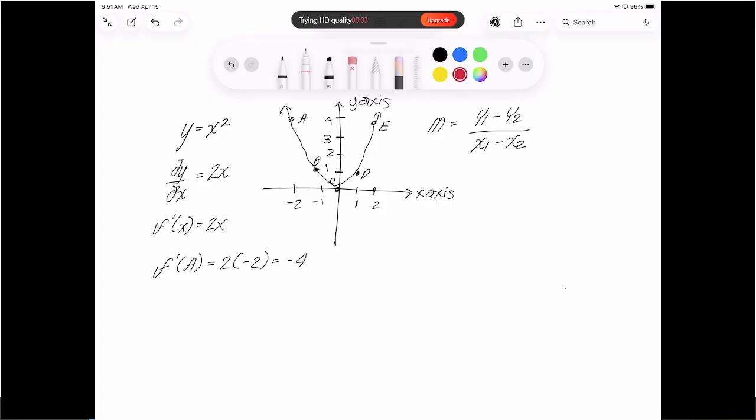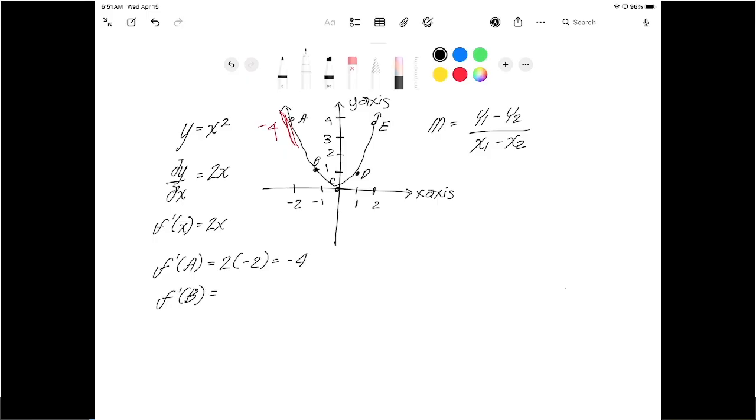So the slope right here is -4. For B, that would be -2. So right here it's -2.